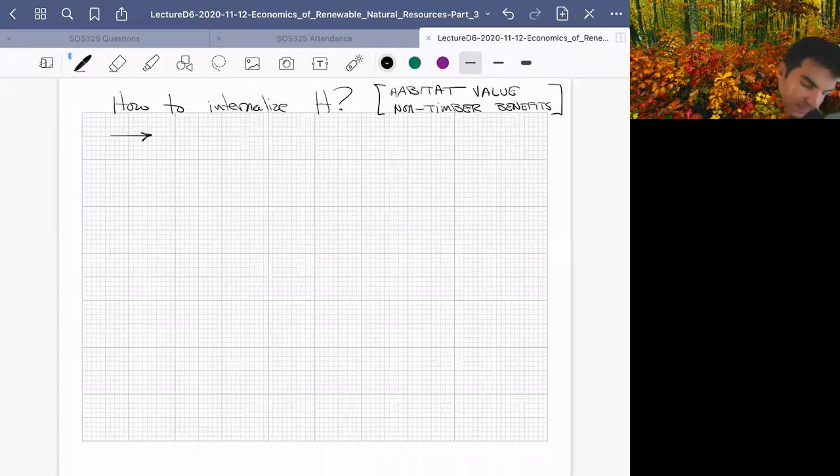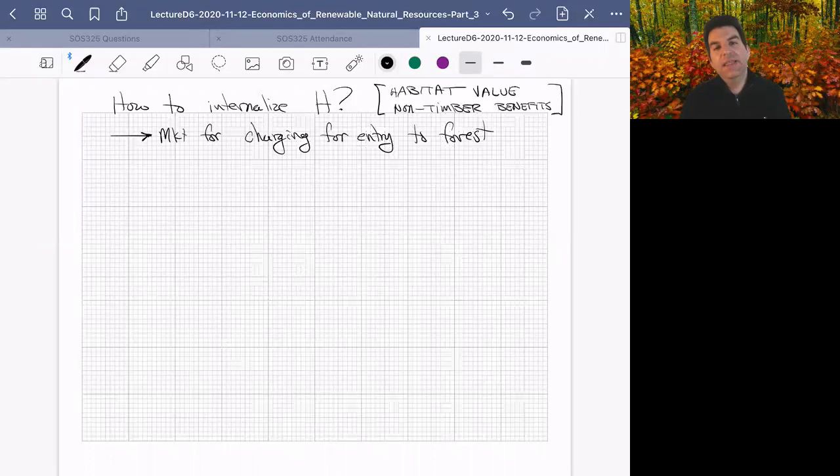Well, there might be a market for charging for entry to the forest. So if there are enough people around that benefit from the non-timber benefits, then the farmer can actually charge those people to say, if you want to keep this forest, you've got to pay me.